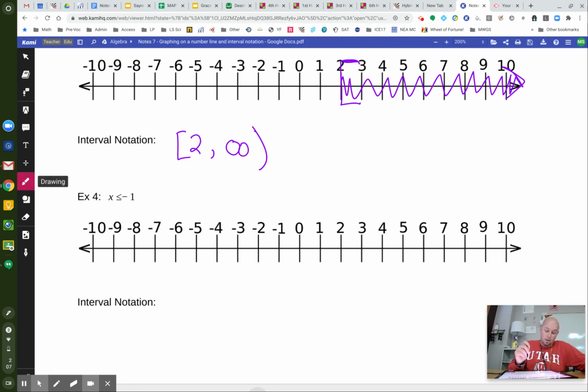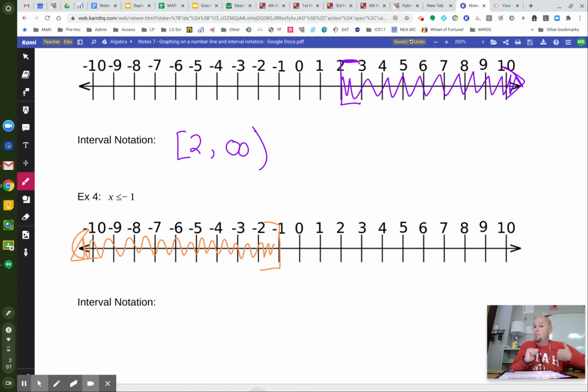Here we go. x is less than or equal to -1. So when I see the equal to sign, I know I need a bracket. And it's less than, so it's going towards the left because those are the numbers that are to the left, right? I'm going to undo that because I didn't quite put it on the -1. All right, and then I go to the left, so negative this way, right?